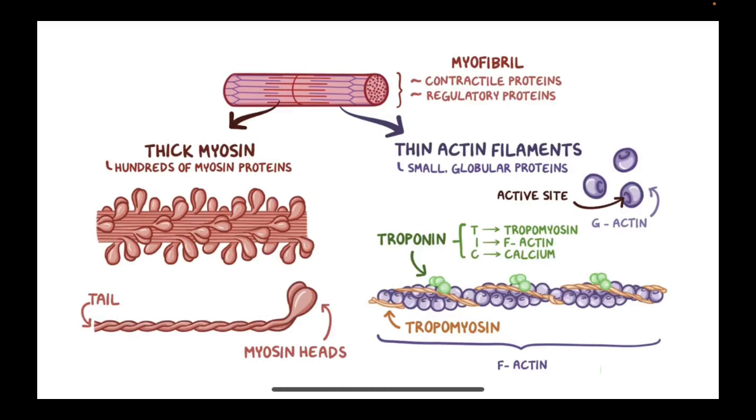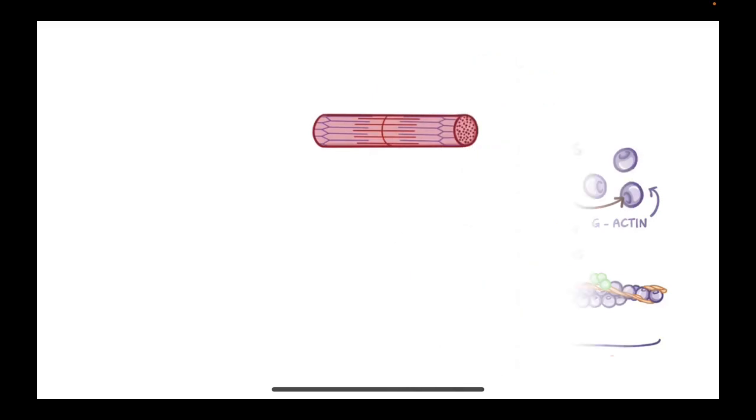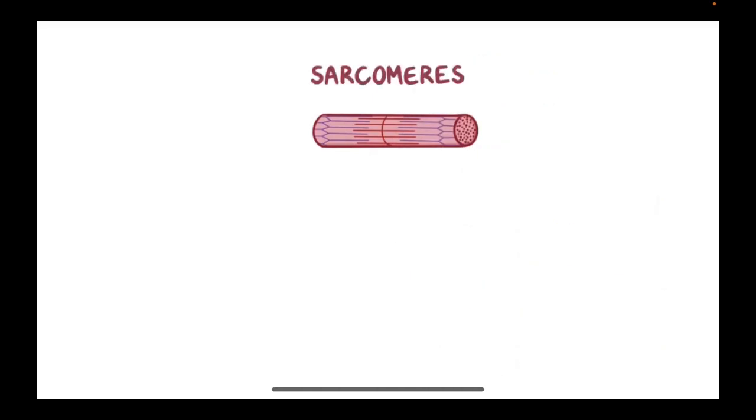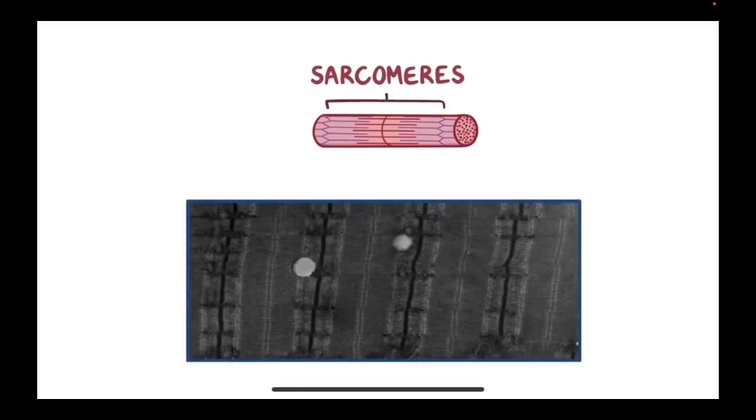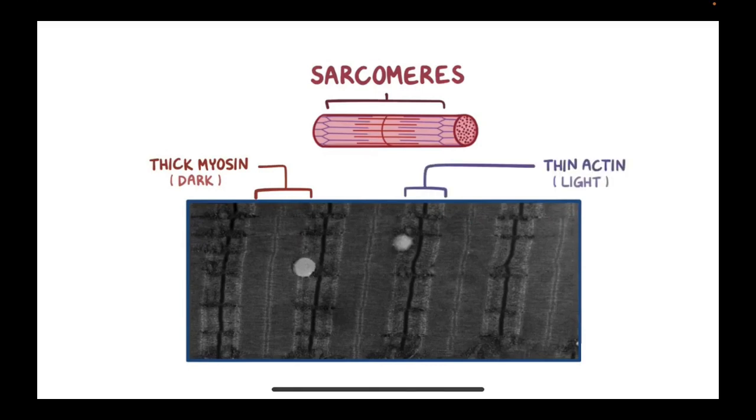As it turns out, these thick and thin filaments don't run or extend throughout the length of a myocyte, but are arranged in short units, which we call sarcomeres. If we were to look at a sarcomere under an electron microscope, this is what we would see: thick myosin filaments that look dark and thin actin filaments that look a little lighter.